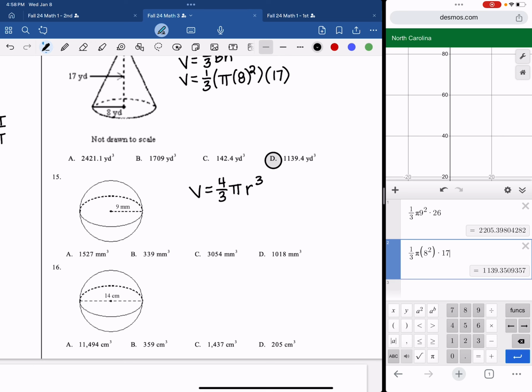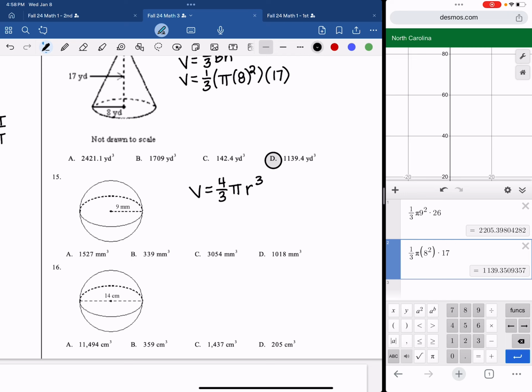Our base is technically the circle in the middle, and my height is the radius from the outside to the center, which is r squared times another r, which is r cubed. So the height is represented by the radius itself. That's the reason it's r cubed.